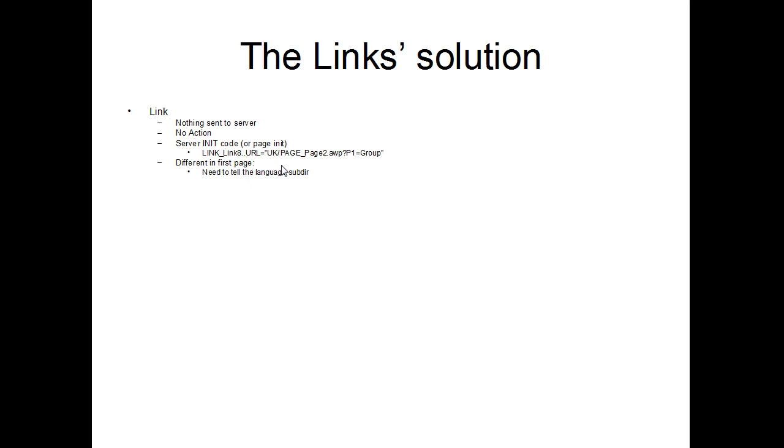Now, when you're creating a link from inside another page than the first one, you are already in the UK directory. So you cannot say UK here, otherwise the final URL would contain UK/UK/page, and of course it wouldn't find it. So if you want to stay in the same language, you need in that case to have a link without the UK.